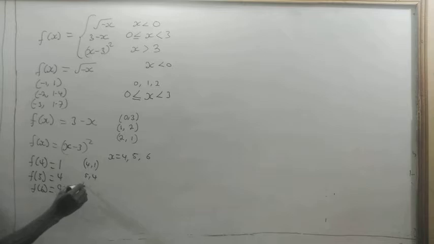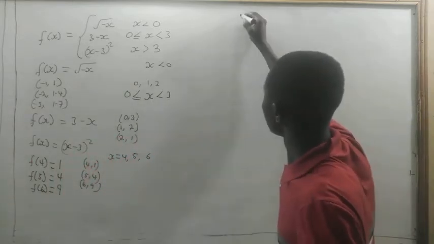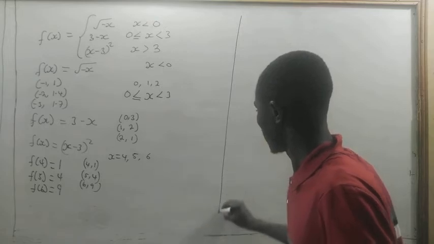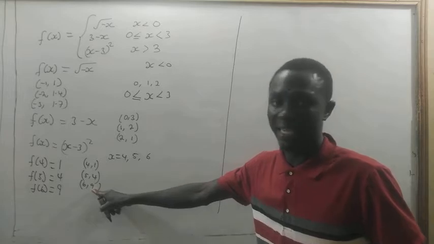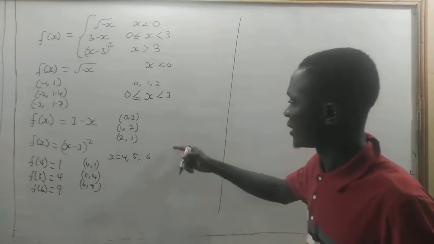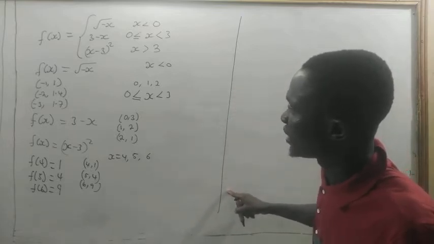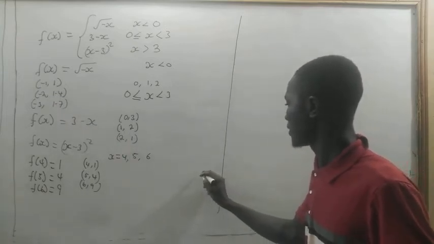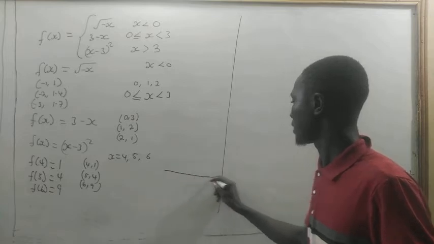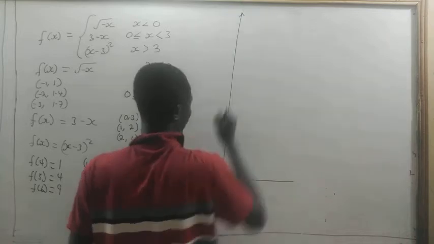So here too I get 4 gives 1, 5 gives 4, 6 gives 9. So let's see how we plot these points on the graph. Now let me draw my graph here. You see that the highest value of f of x, or y, is 9. We have negative values of x, but we don't have negative values of y. So we can just let our graph come to this side, so that we use the top here for the positive values.